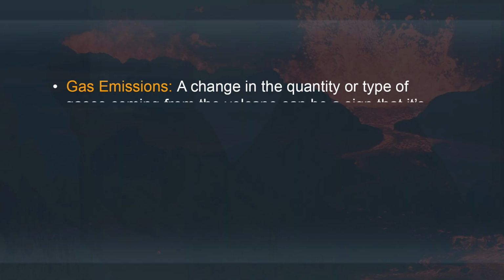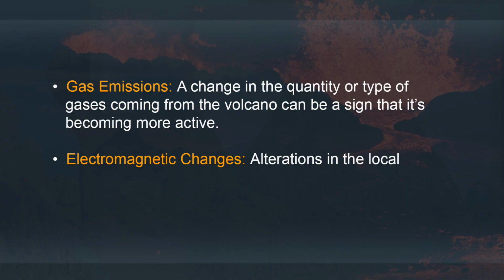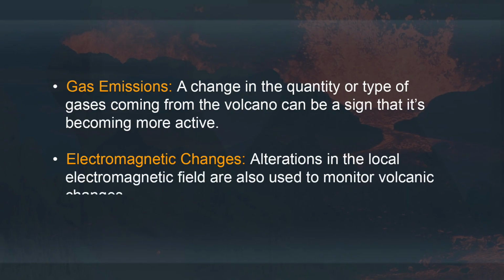A change in the quantity or type of gases coming from the volcano can be a sign that it is becoming more active. Next one is electromagnetic changes. Alterations in the local electromagnetic field are also used to monitor volcanic changes.